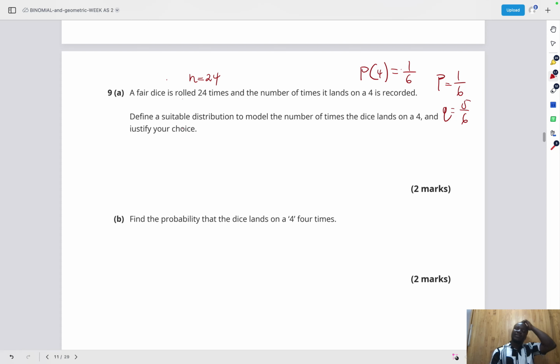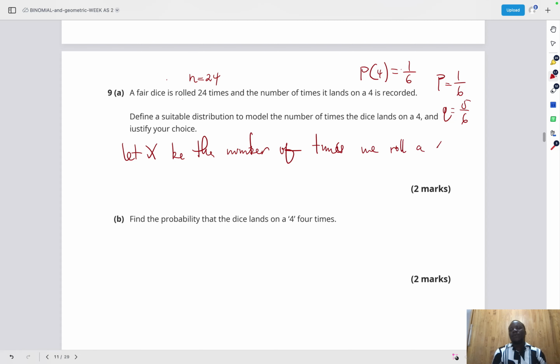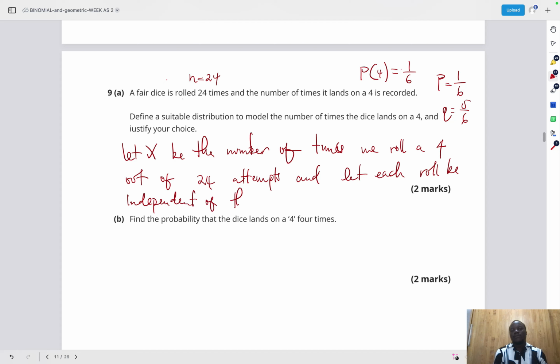Define a suitable distribution. This is similar to the first question. We can just say, let x be the number of times we roll a 4 out of 24 attempts, and let each roll be independent of the other.